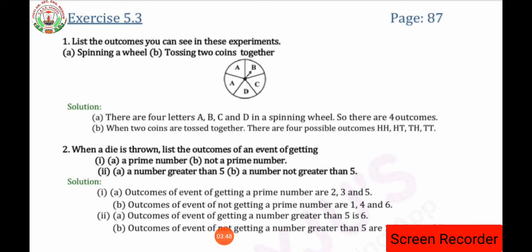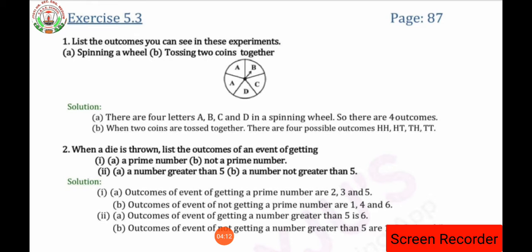That's why the outcomes will be four conditions, either A, B, C or D. Since there are four alphabets, four conditions can come. Either the pointer will stop at A, or at B, or at C, or at D.